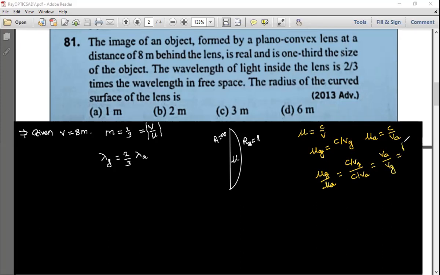V is equal to f lambda, so f into lambda A divided by f into lambda G. Check once, is everything written correctly? Everything is right, and therefore mu G by mu A is equal to lambda A divided by lambda G. Is it correct? Check.